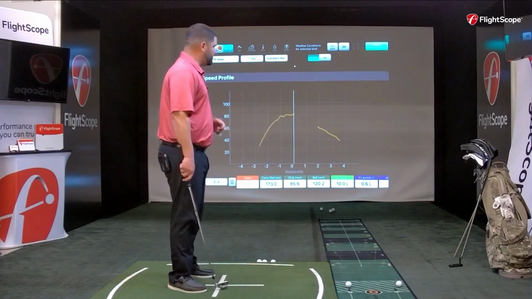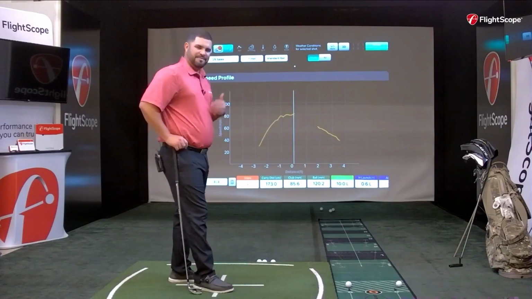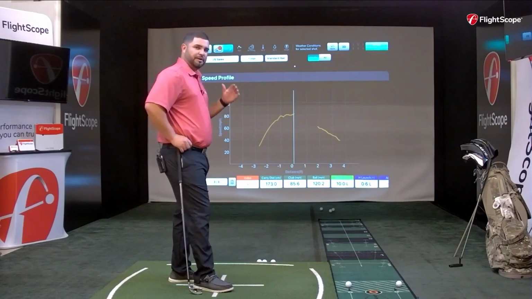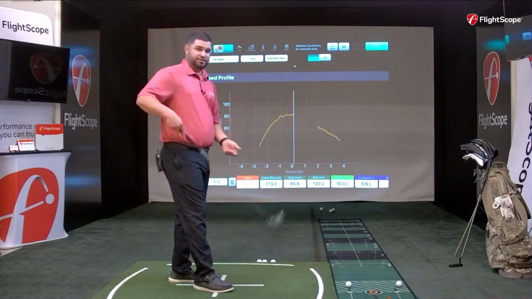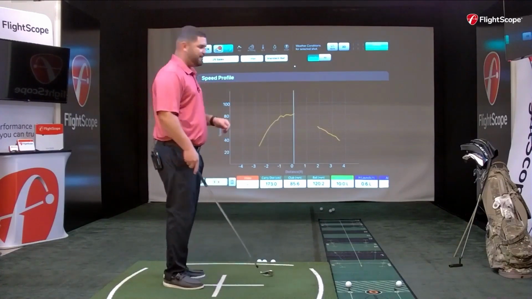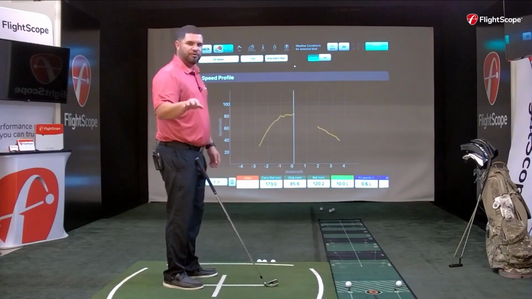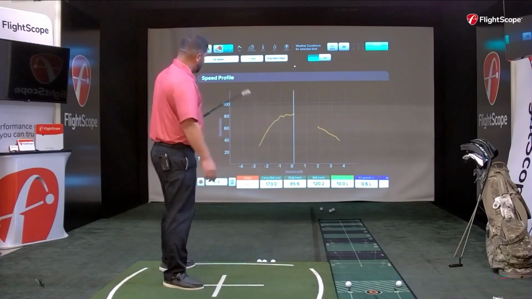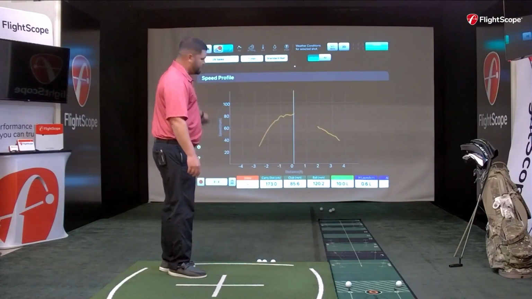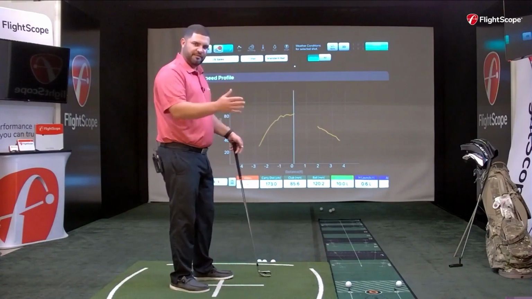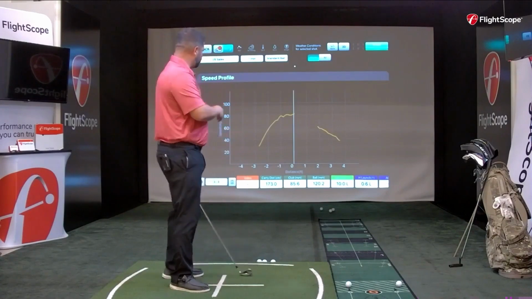acceleration profiles are used by many fitters in the country. A lot of our tour players use these screens, especially when they're looking to change out any shafts. And what you see in the speed profile is a graph that is miles per hour over over distance of the radar. So this middle line that you see on the screen is what we call impact. Then you're going to see some negative numbers, so like -1, 2, 3, 4, 5.